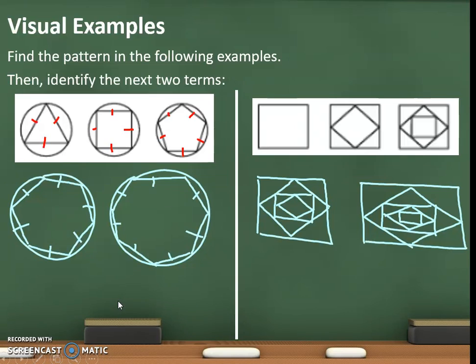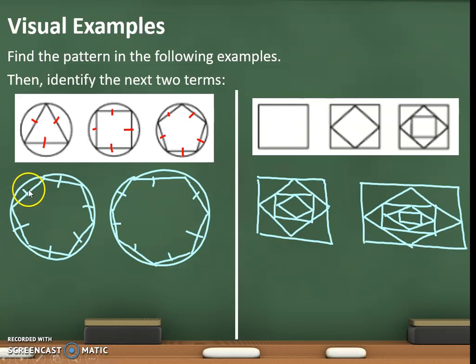Let's take a look at visual examples. Find the pattern in the following examples, then identify the next two terms. Right here, you have a triangle in a circle. Now you have a square in a circle, and then now you have a pentagon. So what is happening to each circle? We're going to draw the next two patterns. So you're adding one side to each shape inside the circle, right?